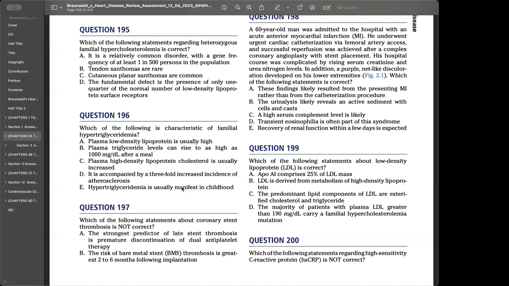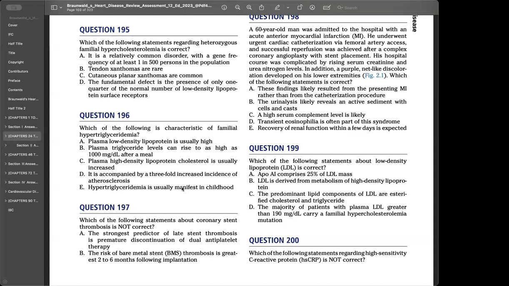It has a weak relationship with coronary artery disease. Hypertriglyceridemia tends to have a weaker relationship with coronary artery disease than familial combined hyperlipidemia. It is caused as a result of hepatic overproduction of VLDL.